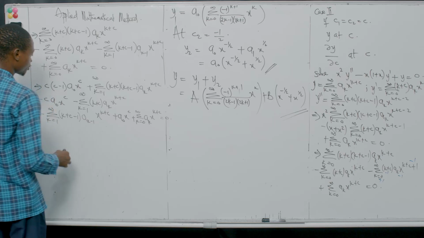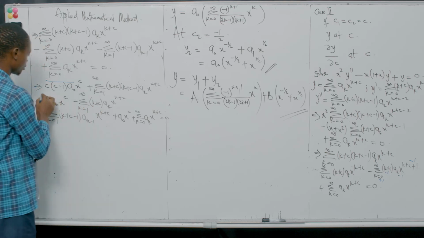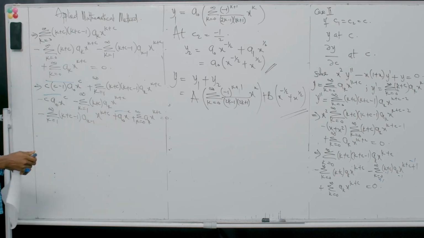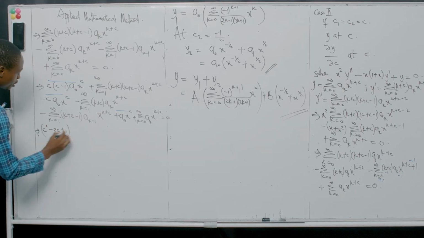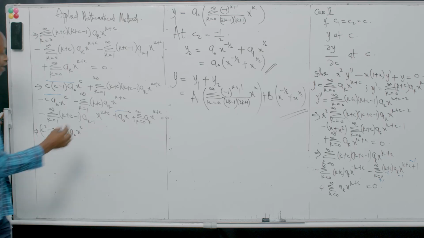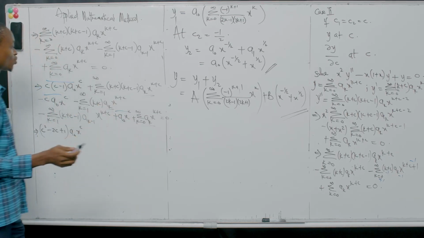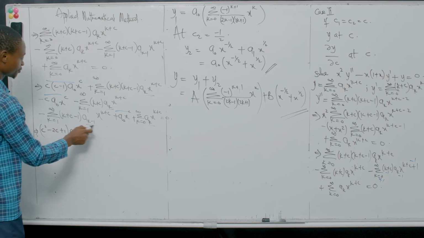Now, how do we proceed? We bring all these together, this one and this one. What do we have? This is c squared minus c, this will now become minus 2c plus 1. So we can have (c squared minus 2c plus 1) a naught x^c. And then the sums now. All of them are good except this one.